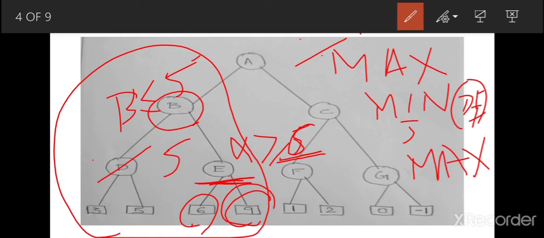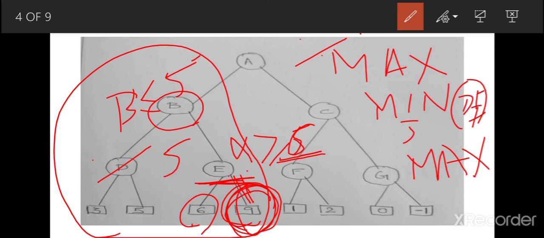Then if we are considering this node, this 9th node, the result at node B will not change. The value of node B will always be 5.